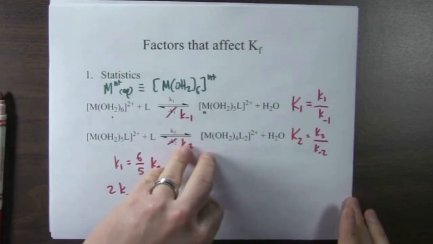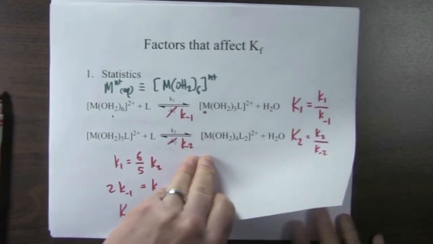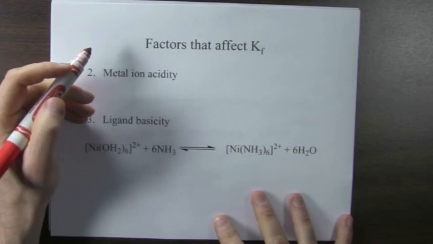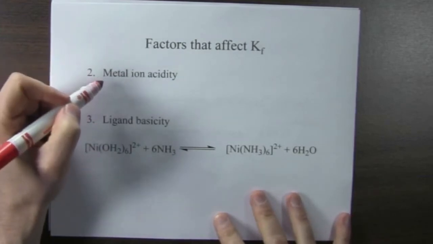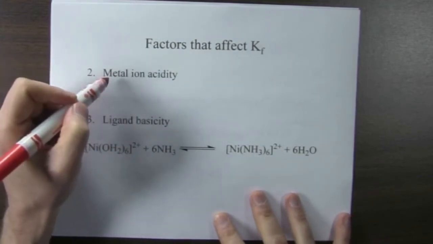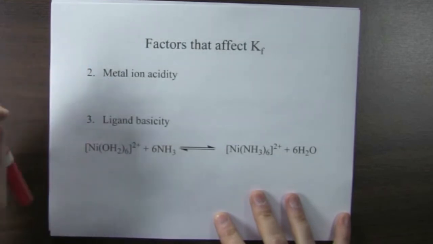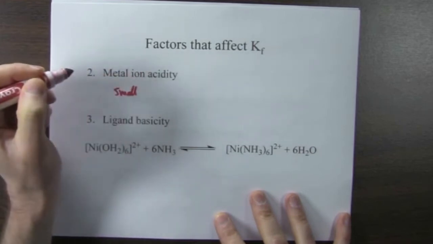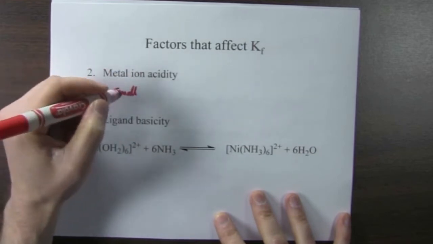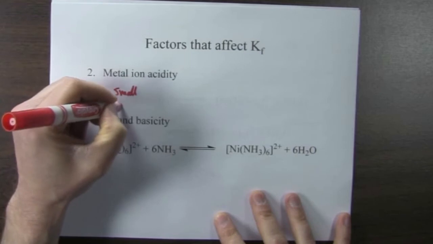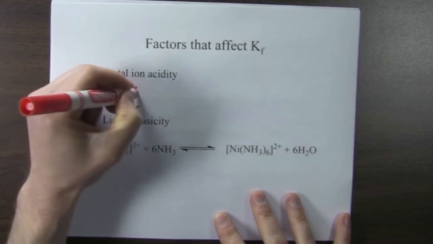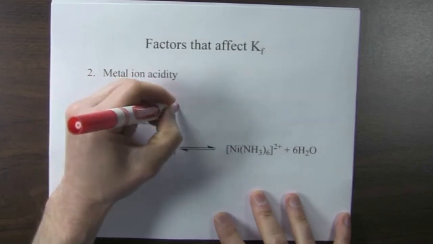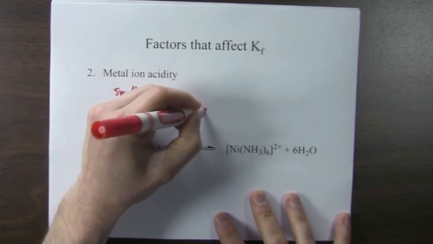Okay, well, that's just math. Let's do some chemistry. Again, this is a Lewis acid-base reaction. So metal ion acidity: the metal ion is the Lewis acid. If it is a small ion, so small radius, with larger ionic charge, so is it +3 or +2?